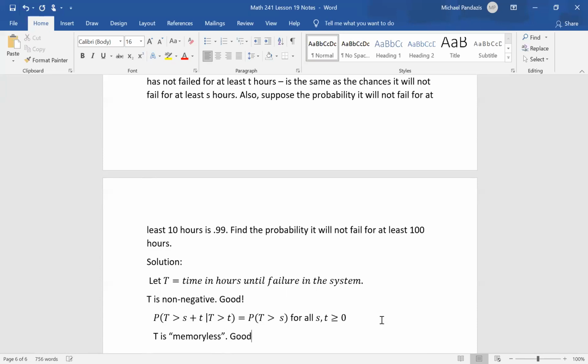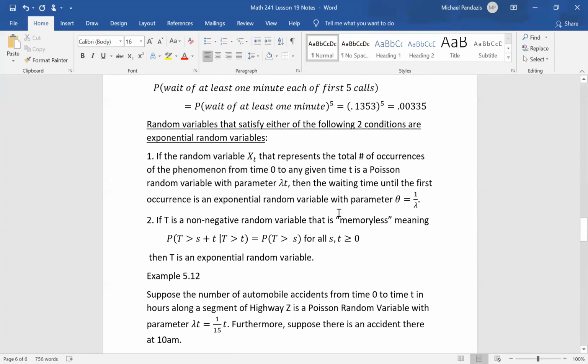This is also good. Okay, and so the conclusion of 2: these are random variables that satisfy either of the 2 conditions are exponential random variables. So since T is non-negative and it's memoryless, then T is an exponential random variable.